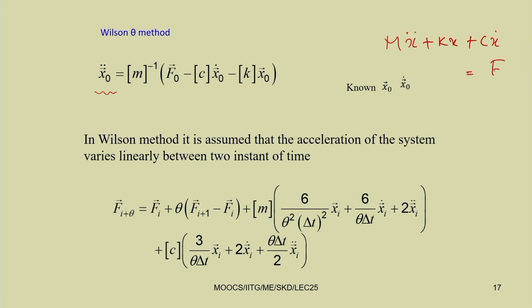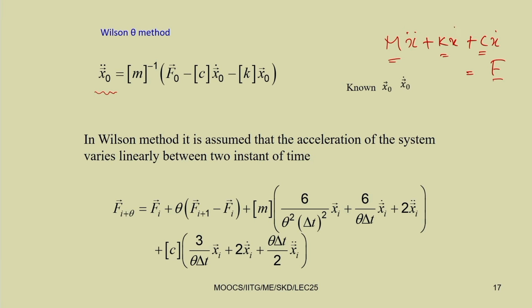Here m, k and c are matrices and f is a vector also. By taking k x and c x dot to the right hand side, we have m x double dot equal to f minus c x dot minus k x. Now, pre-multiplying by m inverse, we have the x double dot equation.